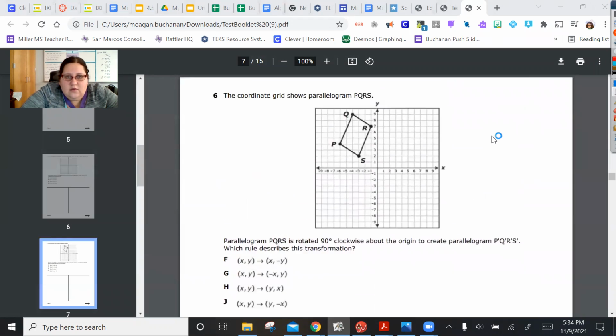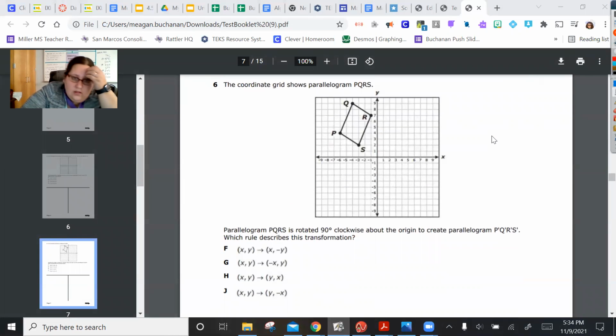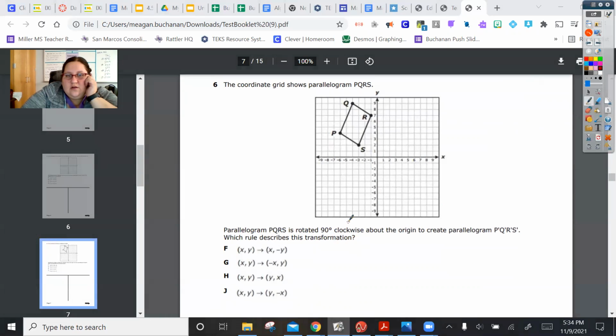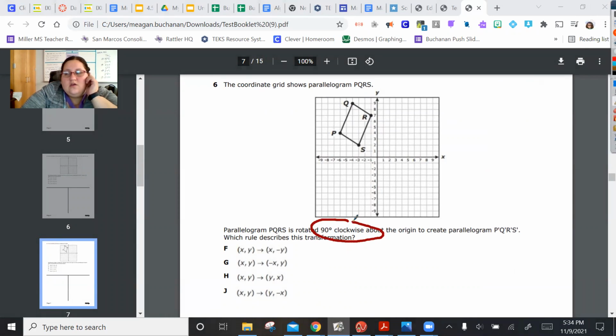Number 6. The parallelogram PQRS is rotated 90 degrees around the origin to create the parallelogram PQRS. Which rule describes the transformation? Okay, so the key words here are 90 degrees. When you go 90 degrees or 270 degrees, you're going to be flipping your x and y values.